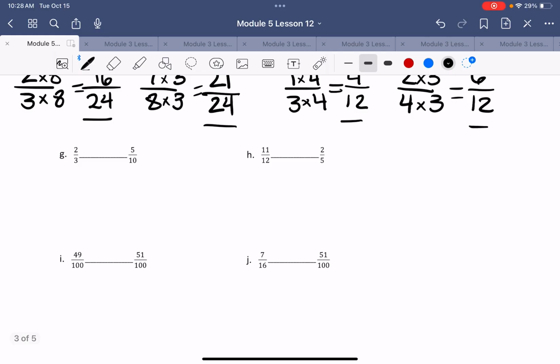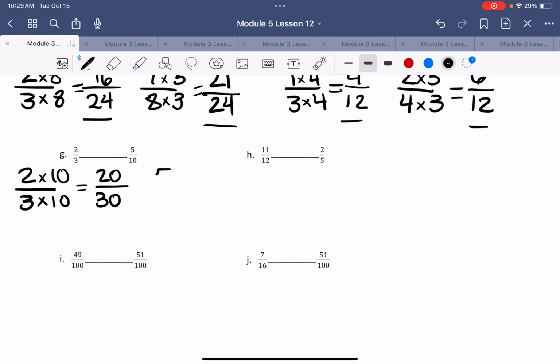All right, we're going to do 2 more problems. Actually, we'll do 3 more problems. So we'll do 2/3 and 5/10. 2/3 times the opposite denominator, which is 10, equals 20/30.